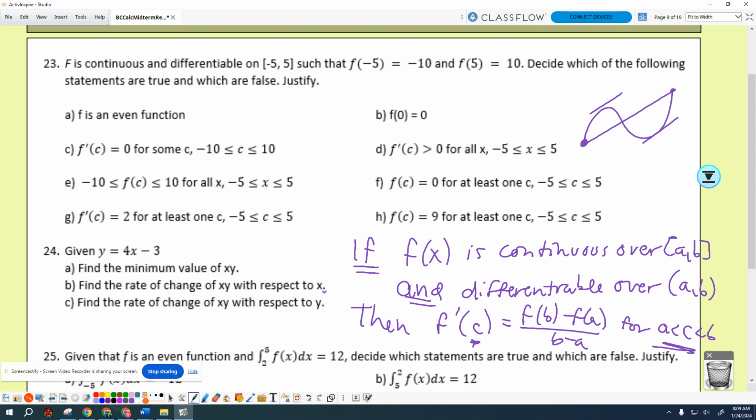That's why we needed to say differentiable. That one's not differentiable, and that pink one doesn't have a slope that is equal to the average.